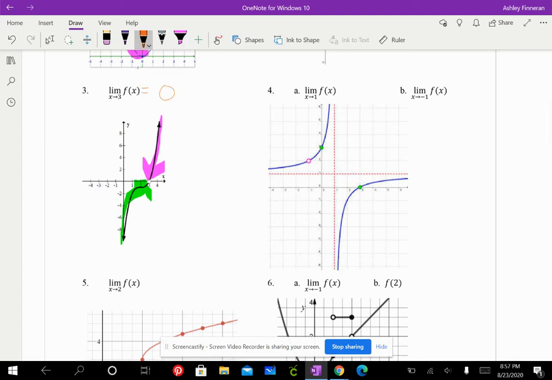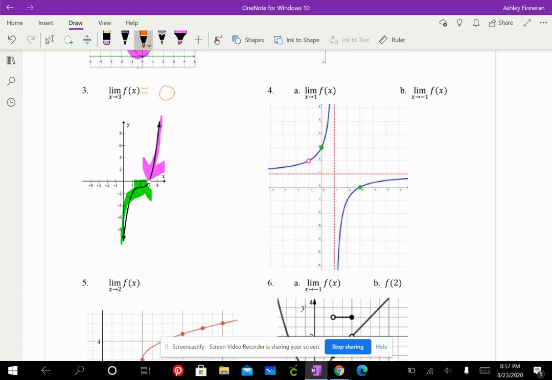And sometimes this is difficult for students to understand because since there's a hole there, students want to say does not exist. Now you could say that f of x at x equals 3 is undefined, or f of 3 is undefined, but that does not affect the limit. The limit is still 0.